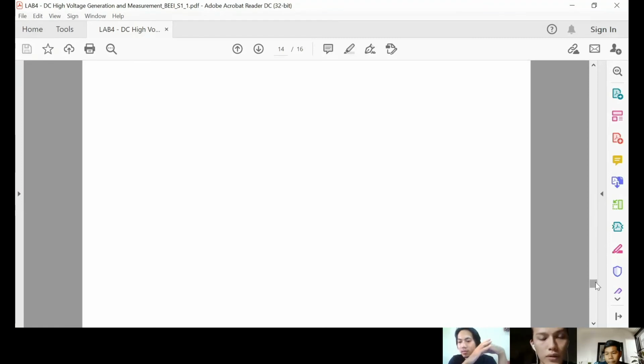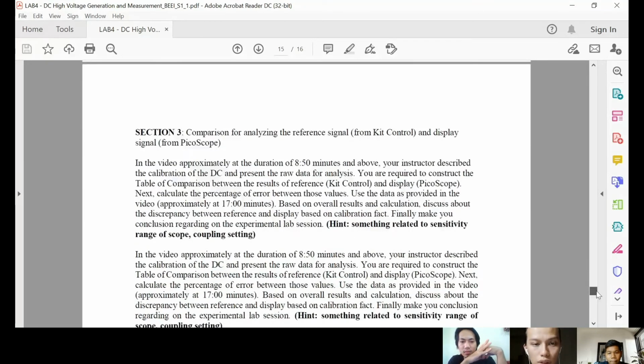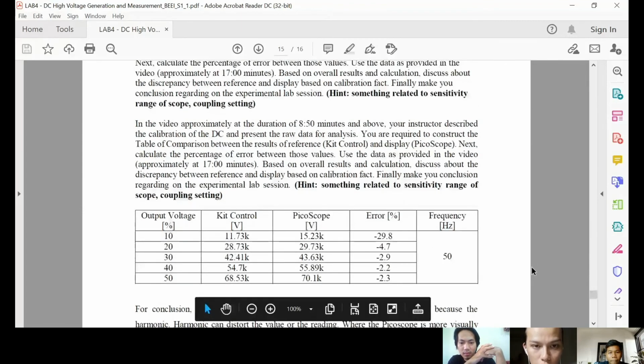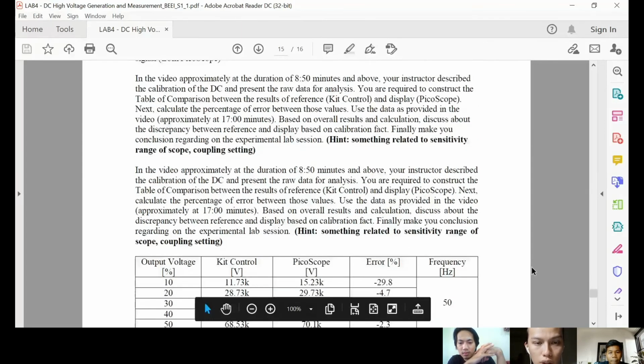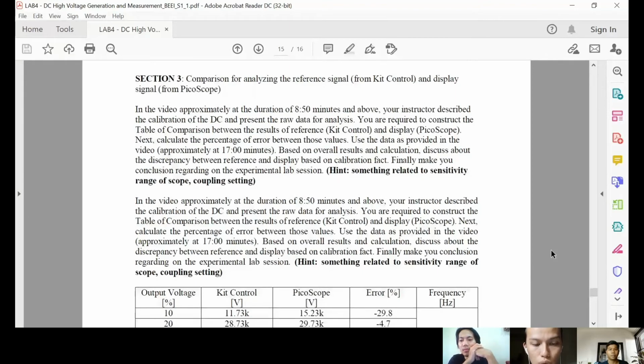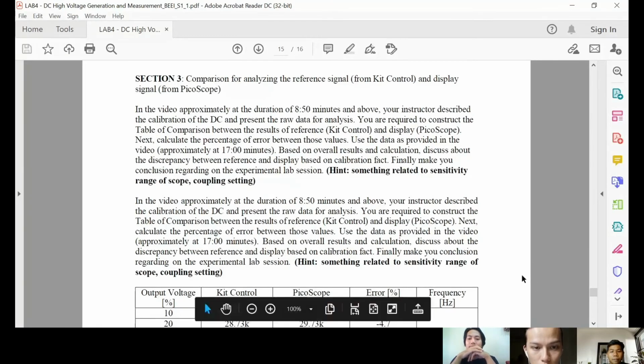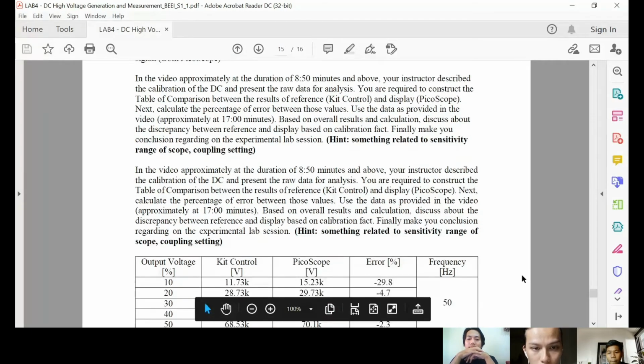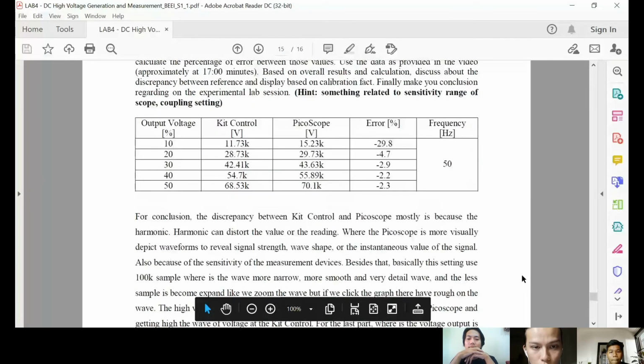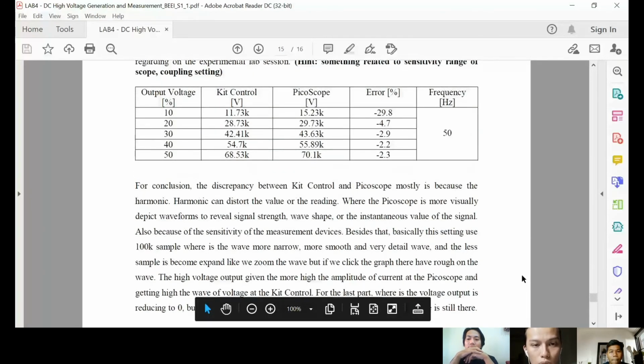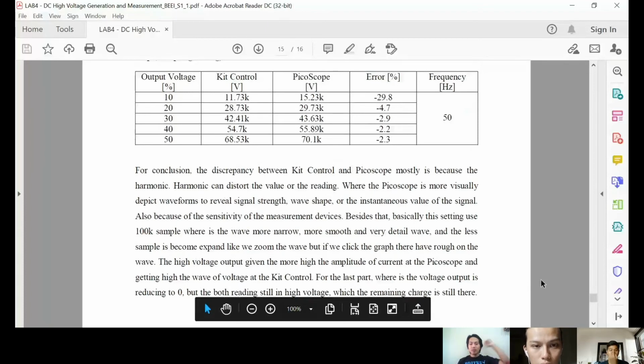Okay, thank you, Ashraf. So this is the last session, which is the session 3. For this section, they asked to make a differentiation between picoscope and frequency converter result. As you can see here, at the result, you can see the voltage output, which we take for 5th reading, which is 10% to 50%.